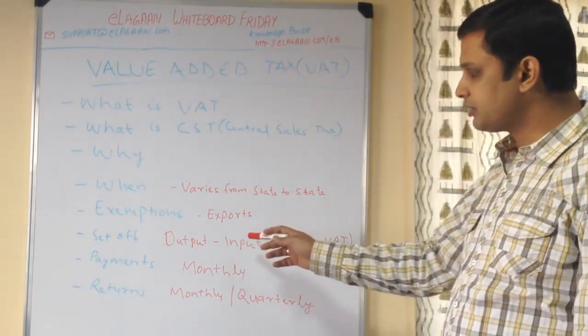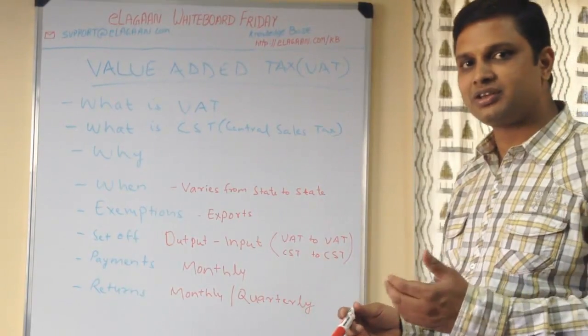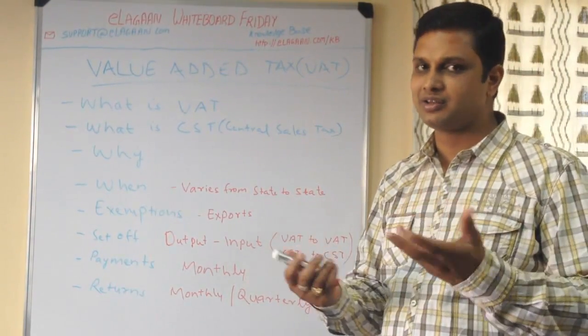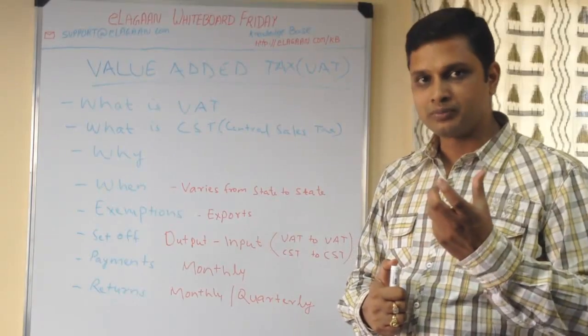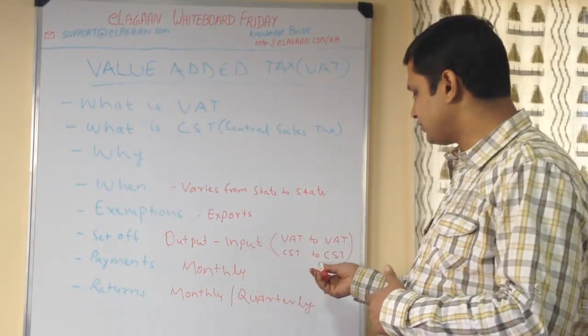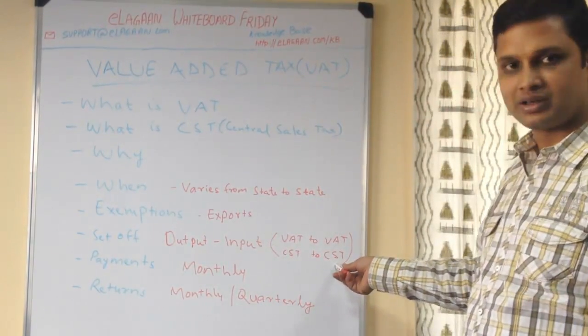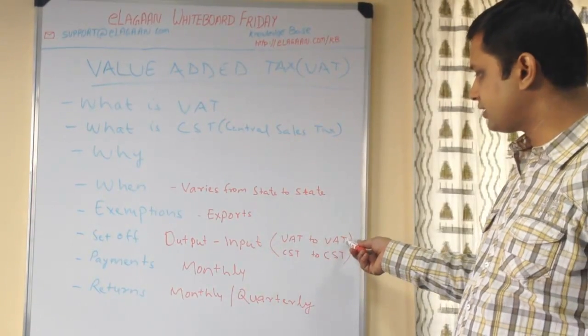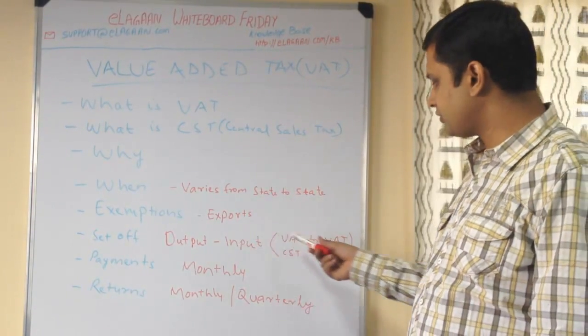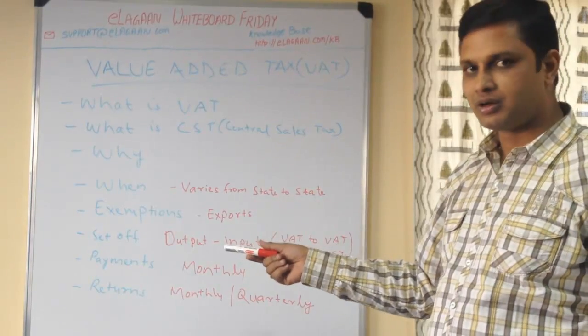So that cannot be set off. So only CST minus CST. If you are buying anything from Delhi, from that amount you can set off the CST. So CST to CST set off is allowed, VAT to VAT set off is allowed. The balance of whatever comes, you have to pay to the government.